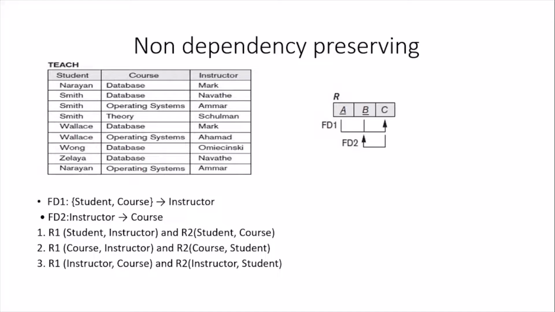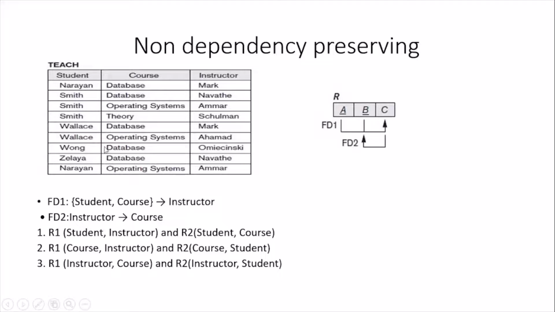So this is another example of non-dependency preserving. We have a relation teach. There you have student, course, instructor, and we have some functional dependencies like student, course to instructor and instructor to course. These are the two functional dependencies.